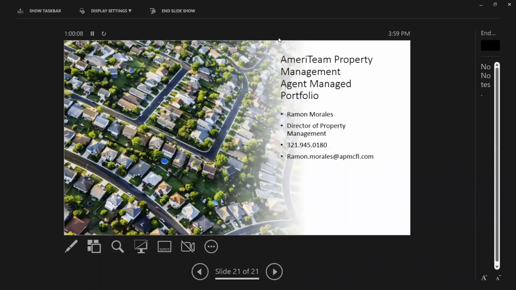Okay, we're wrapping up. I have a question. Oh, Claudia. Yeah, so if I have properties, would it be worth it for me to do that with AmeriTeam or no, since I'm already an agent? To manage your own property? No, to put it on AmeriTeam if I don't want to manage it. Well, it's a huge advantage because it's a time saver, right?